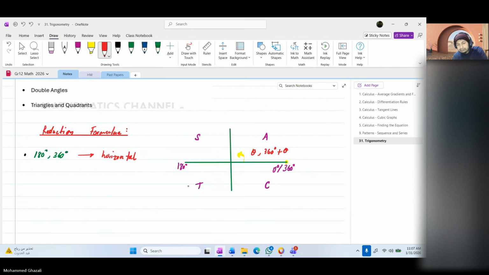Now, if you are going down, there's going to be negative theta, or it could be 360 degrees minus theta. So those are the two angles that you are working with. It can be negative theta or 360 degrees minus theta.